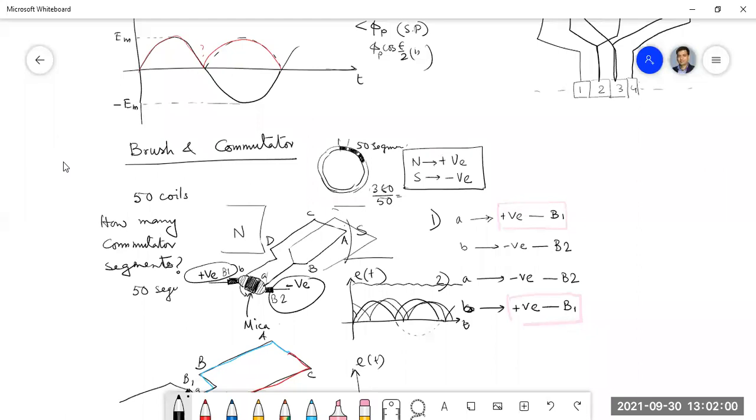So is there any contribution of this type of winding in the expression of the generated voltage?